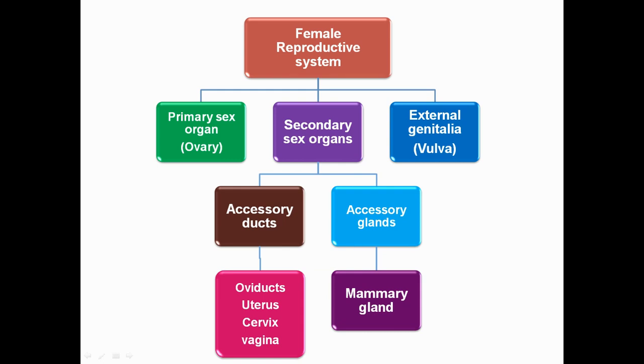These ducts and glands are very important in terms of ovulation as well as parturition, along with the nourishment of the young one. Accessory ducts are oviducts, uterus, cervix, and vagina. Accessory glands constitute a pair of mammary glands. External genitalia is the vulva.